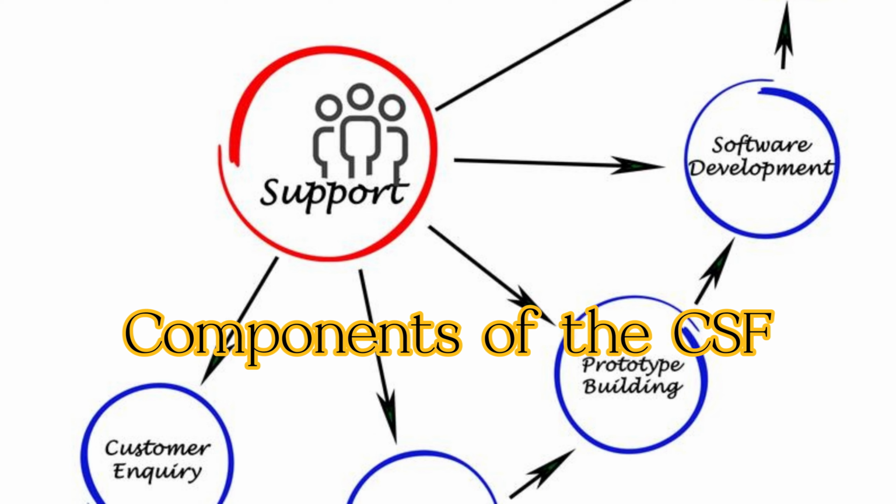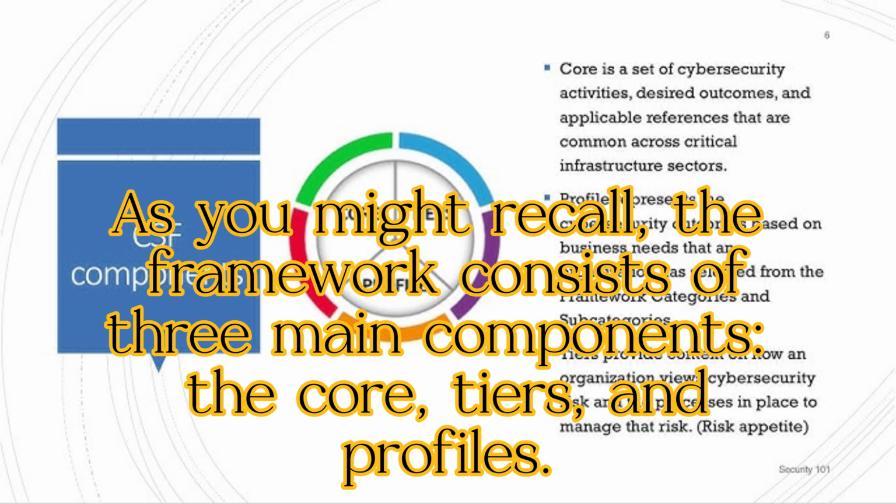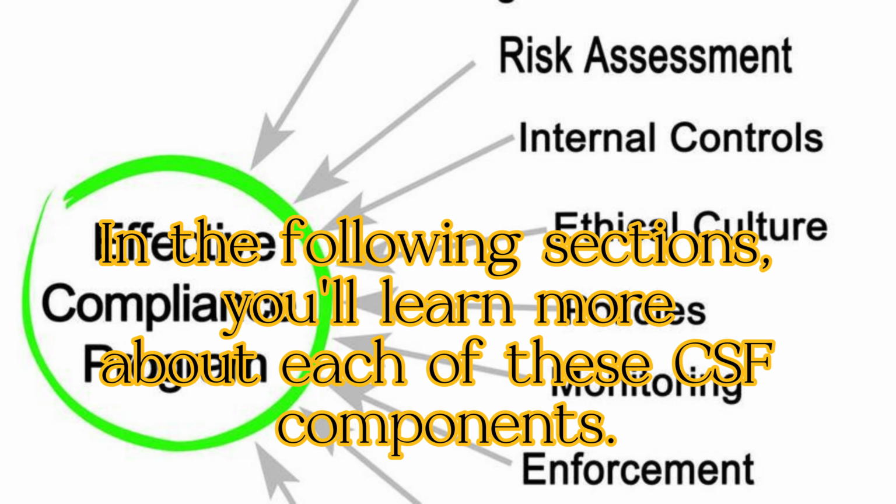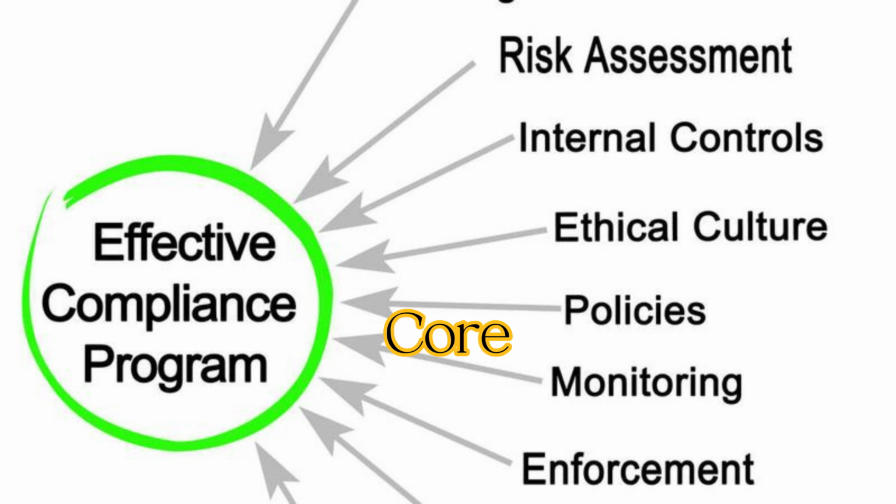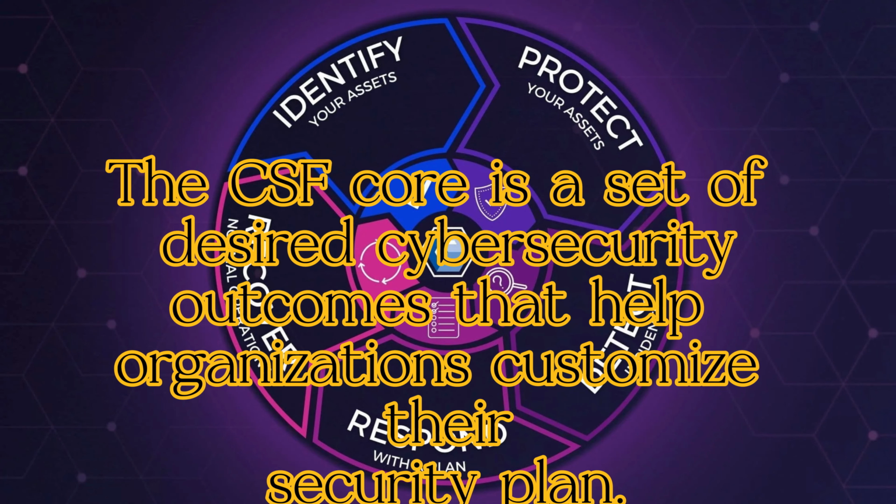Components of the CSF. As you might recall, the framework consists of three main components: the core, tiers, and profiles. In the following sections, you'll learn more about each of these CSF components. Core. The CSF core is a set of desired cybersecurity outcomes that help organizations customize their security plan.